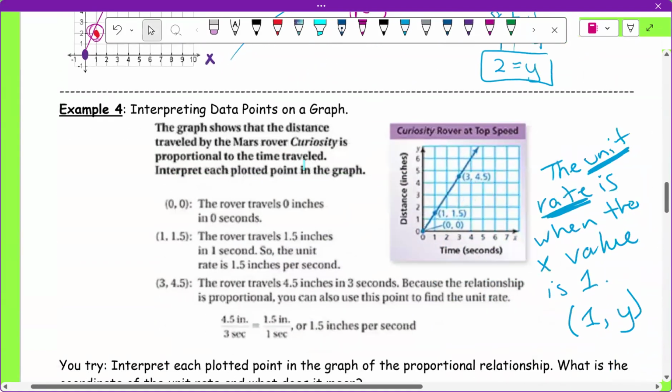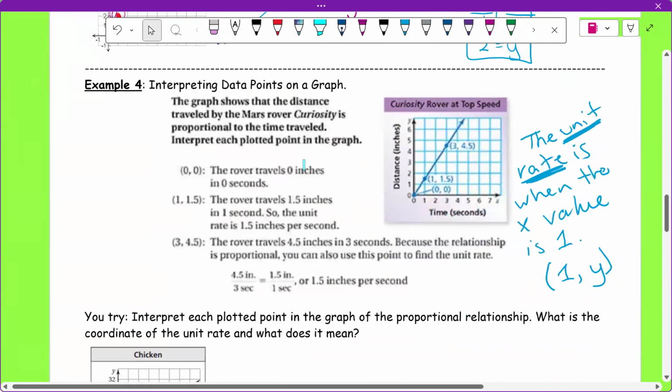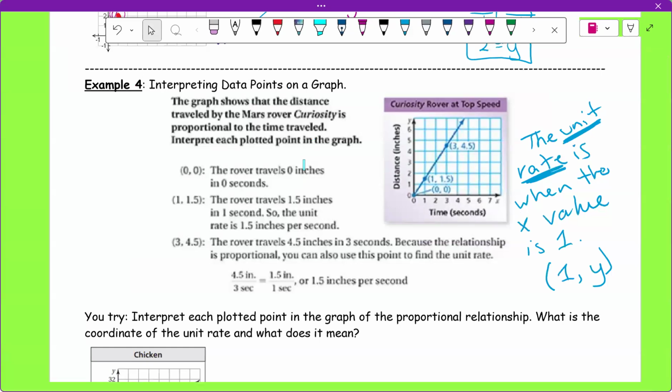Now let's take a look more in depth at graphs. So we want to be able to read the data on graphs. This particular graph is about a rover. And so we're interpreting each point. We see here that at 0, 0, the rover's traveling 0 inches in 0 seconds. That makes sense.